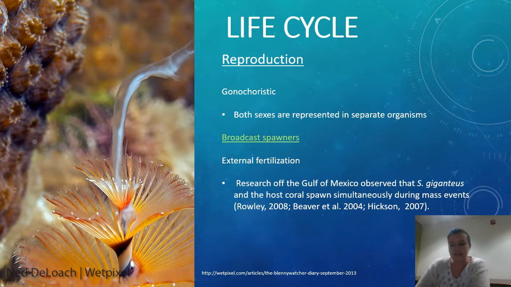And what they suggested with this simultaneous spawning is that the coral larvae and the Spirobranchus larvae tend to settle at the same time in the same specific location over the corals where the adults were actually still living.